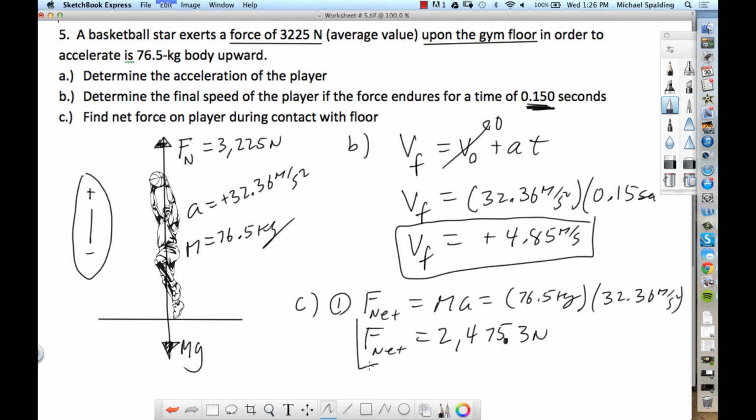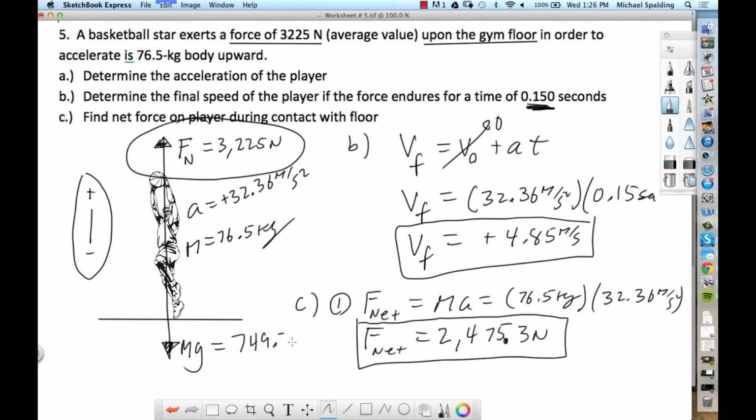Now, what's the other way you could have found the net force? Well, look, we know the normal force. We have that force. mg we can calculate. M times g is 749.7. Which force is going to win?